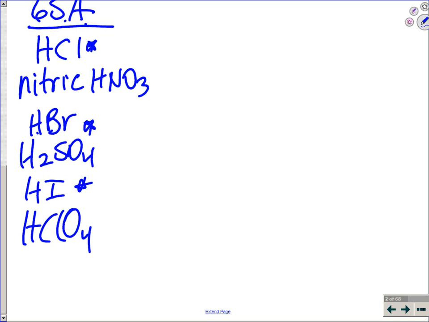Chloric acid. Perchloric. Okay, so this one, it looks like chlorate. ClO3 is chlorate, but that per means +1 oxygen, so it's perchloric acid. Okay, so how many are ternary up here? 3. So there's 3 binary and there's 3 ternary.